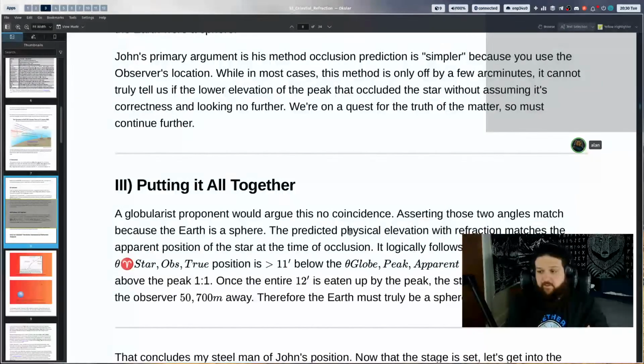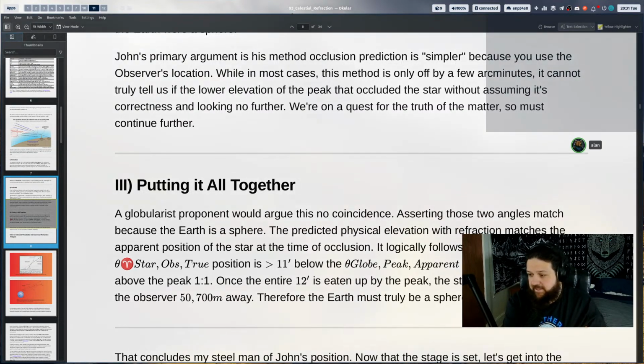And what they would actually predict differs from what we actually observe, because if the refraction looming effect occurs in the same respect that how they say a star is below the horizon, but it's being lifted up by refraction, they would have to say that when a star gets occluded by a mountain peak, it wouldn't just, try and imagine this. There's a mountain peak off in the distance. You see a star setting into it. Instead of the star instantly vanishing when it intersects with the peak, the star just lingers there. That's what they were predicting.